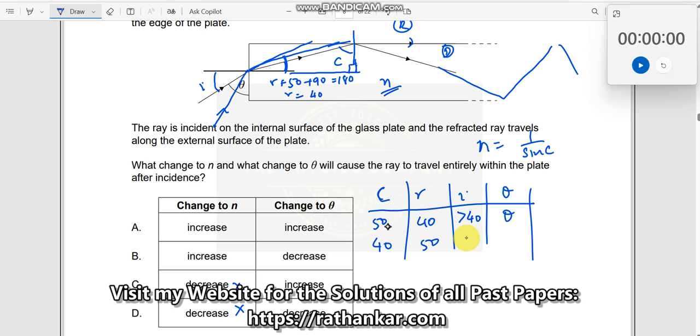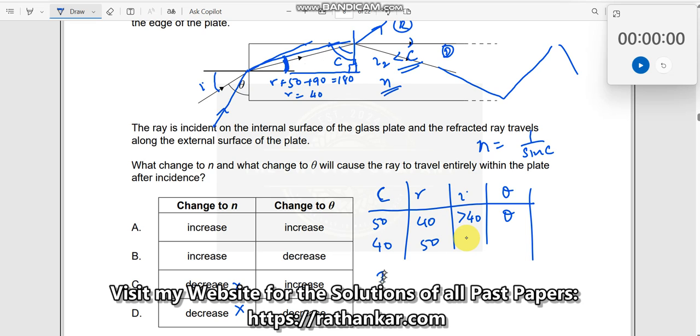But since the critical angle is 50, and this angle is 40, that means the angle of incidence at this point, I2, is less than the critical angle. If it is less than the critical angle, what will happen? It will not get internally reflected, but it will be externally refracted like this, right? So when you increase this value of r, it gets refracted.